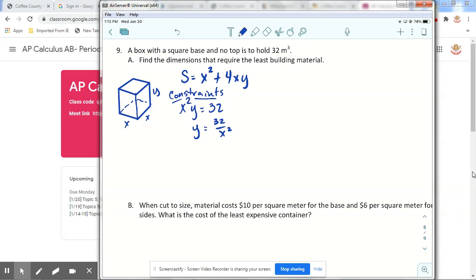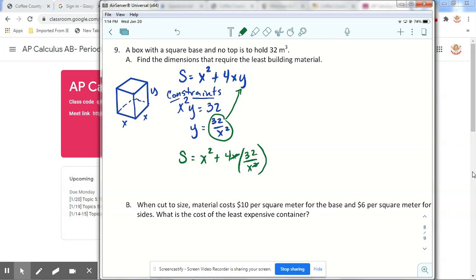Okay, then I'm going to take that, and I'm going to put it in for y in my equation that I want to optimize. Okay, over here, an x will cancel out. So that's going to be x squared plus 128 over x.